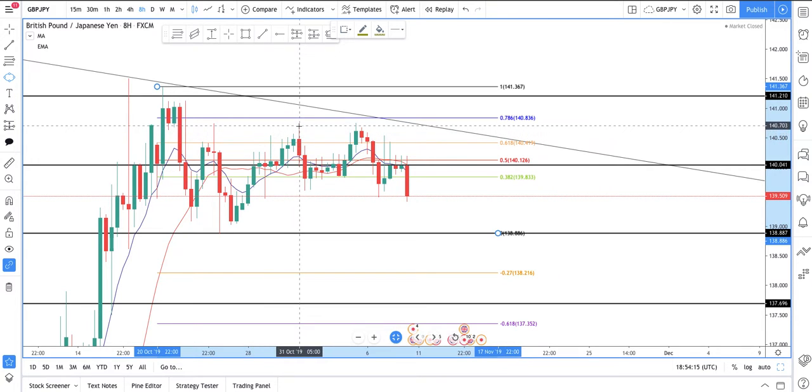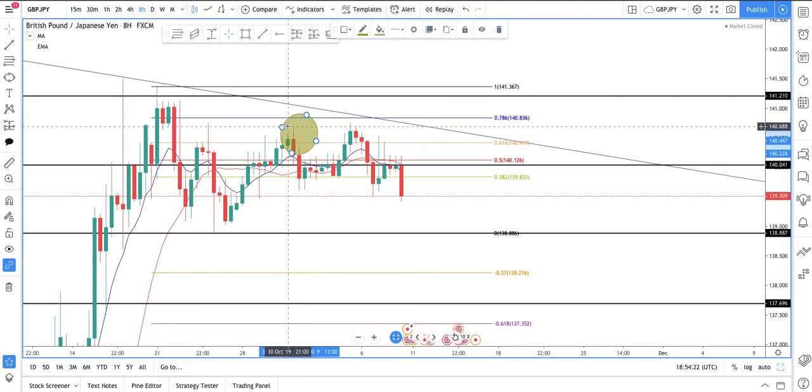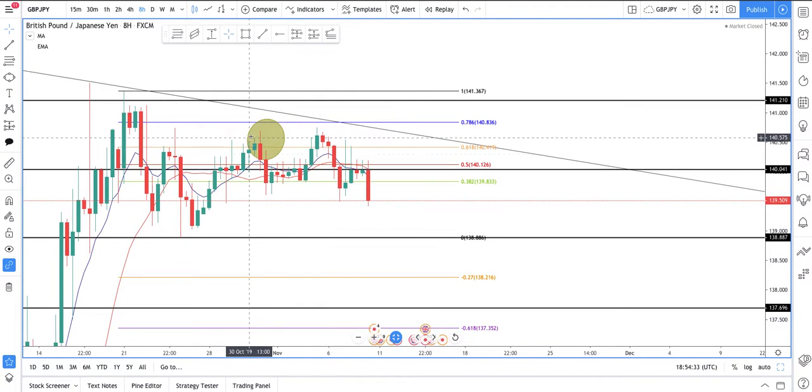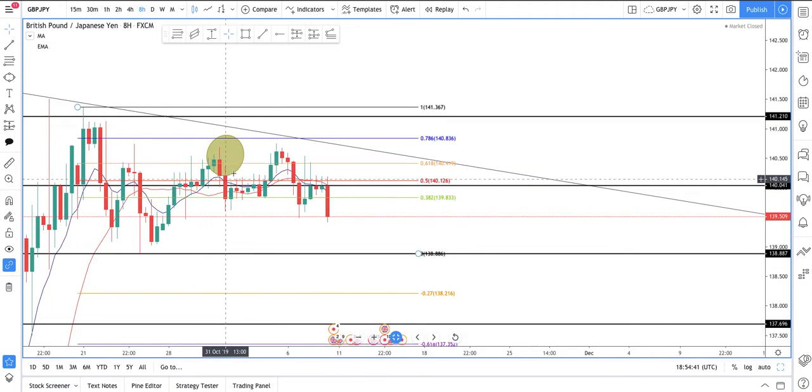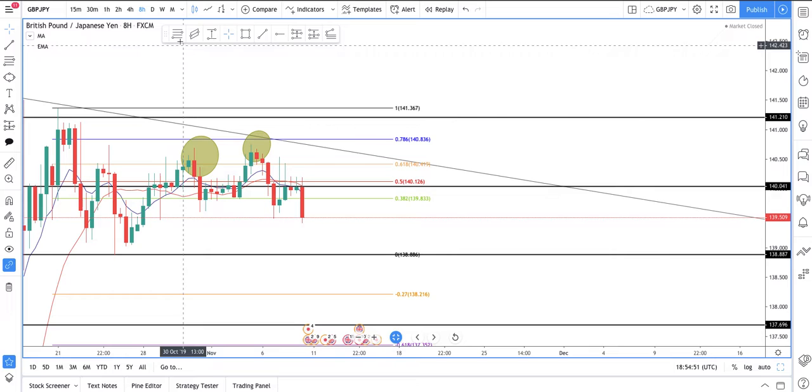I entered right here, and my stop loss was just above 0.786. And then as I saw price meltdown, I didn't move my stop loss, which I normally tend to do. What I did, I entered right here again, and my take profit was right here, so I entered exactly here.